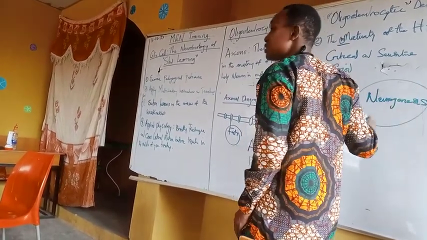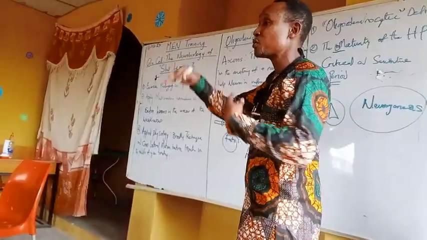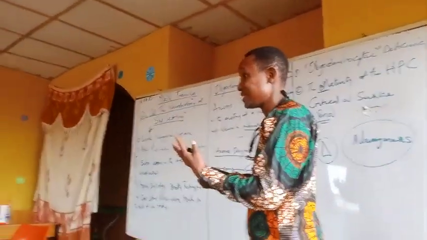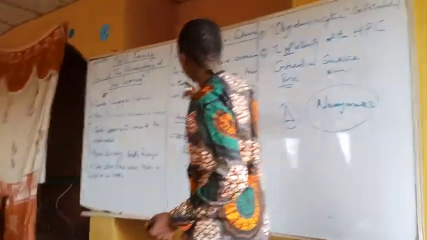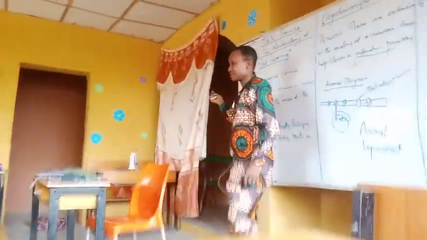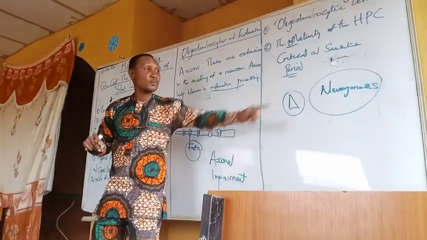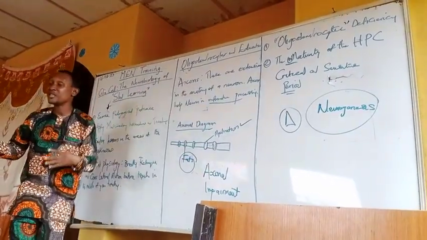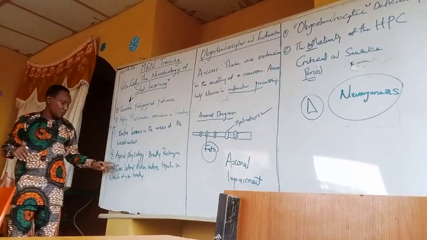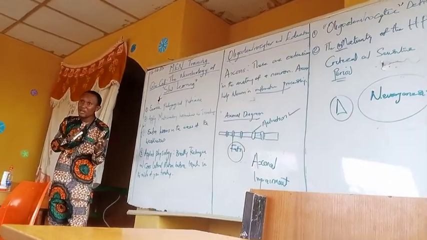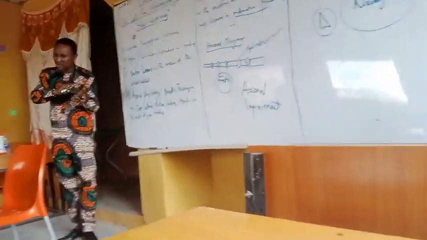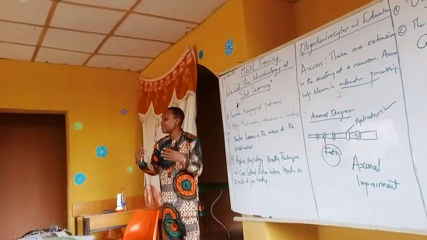Neurogenesis has to do with the birth of new neurons, isn't it? One of the ways to create neurogenesis is through this applied physiology, because there's a connection between this regime of exercise and neurogenesis.